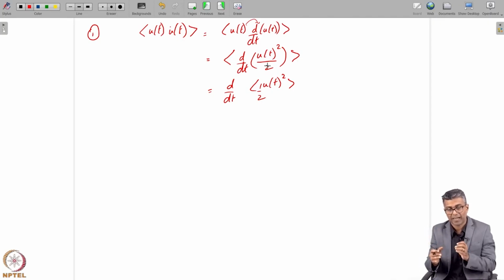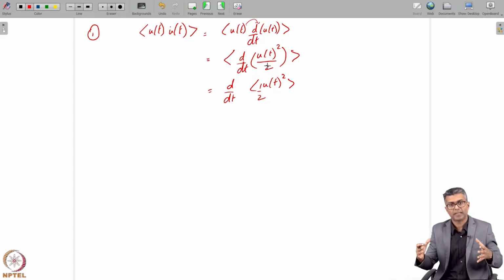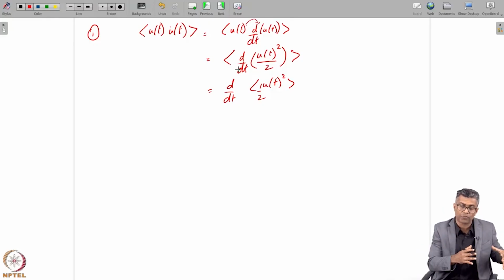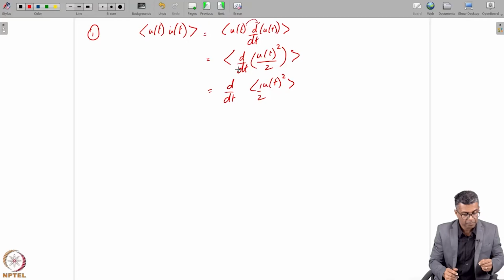That's essentially the time derivative of half of the variance, of course. However, what we have done is taken the d/dt out of that covariance part, out of the averaging part, because it is independent of that, right? So what happens is the mean and the differentiation are commuting.